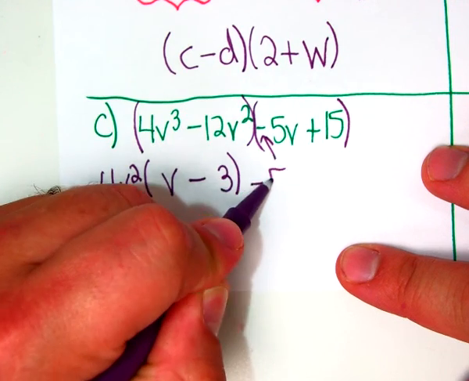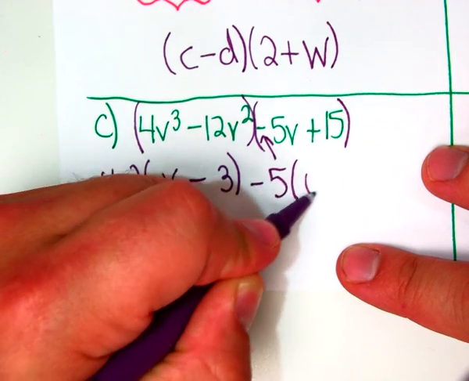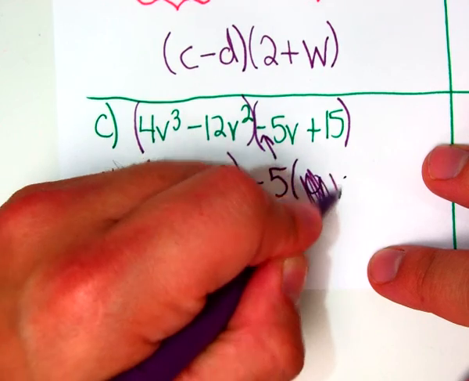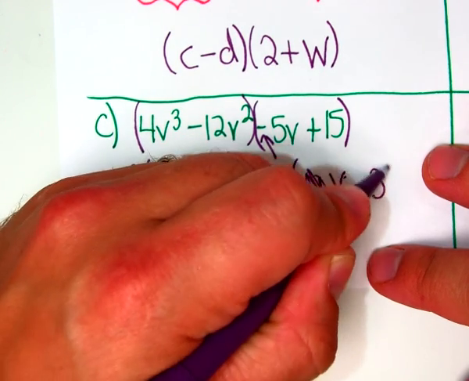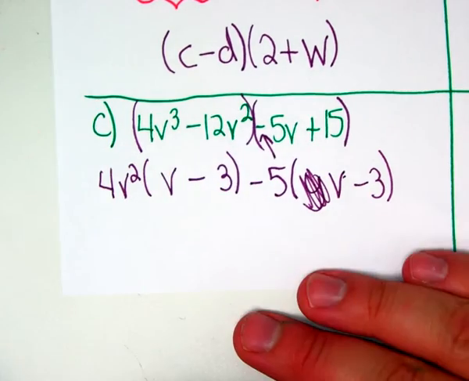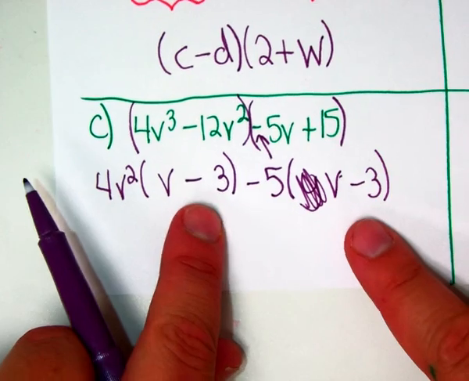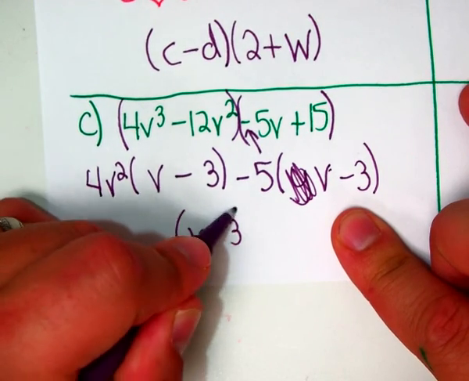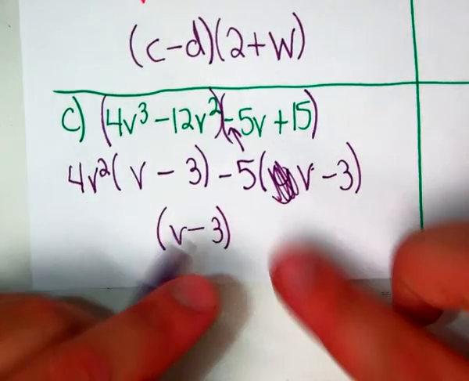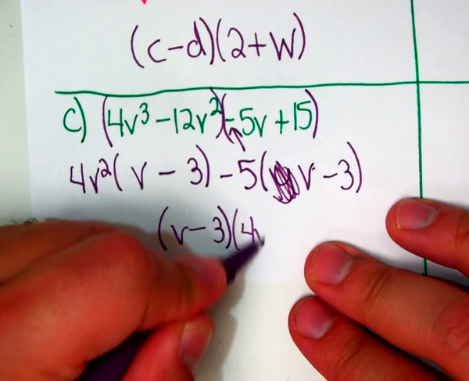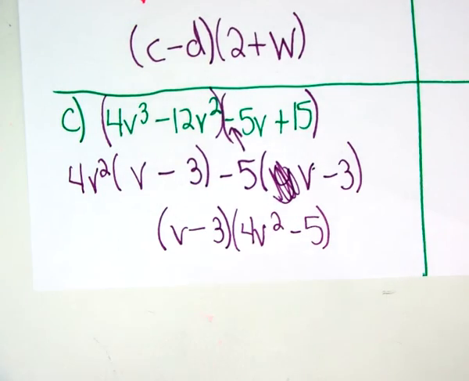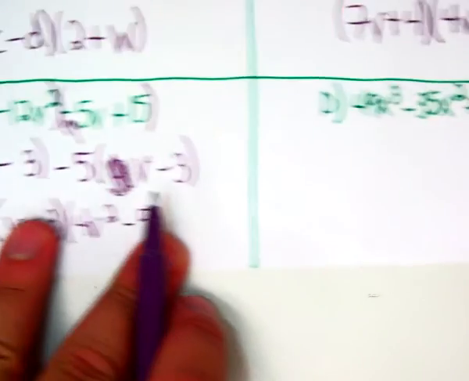So we'll take out a negative 5, and that'll leave me with v, and then minus 3. Again, the v minus 3s are common. They're shared between them. So let's take that out, v minus 3, and we are left with 4v squared minus 5. And there's your ending result. 2 binomials multiplied by each other.